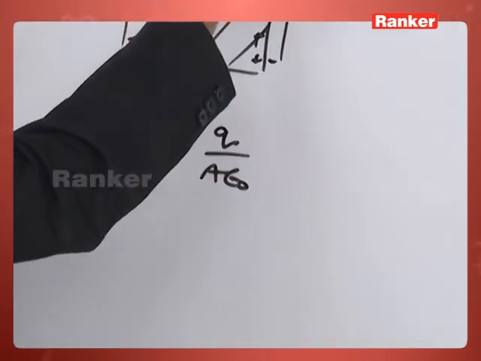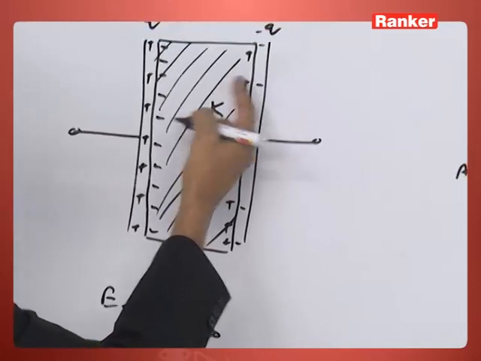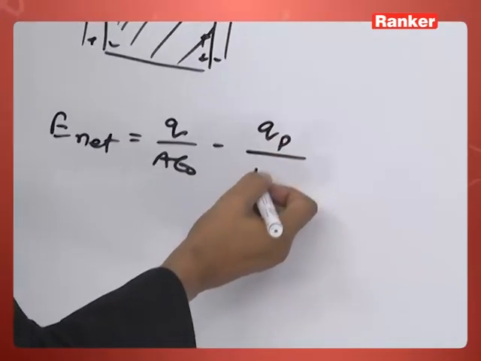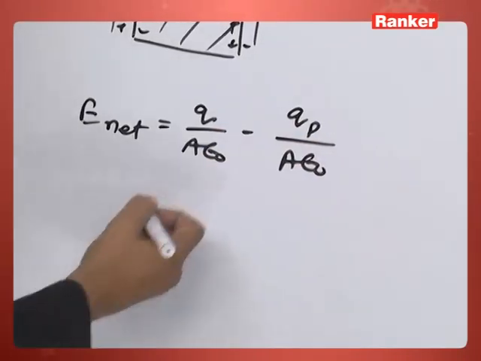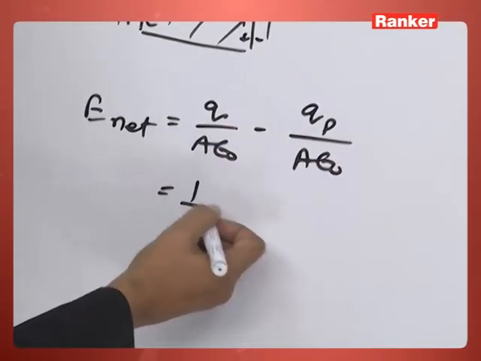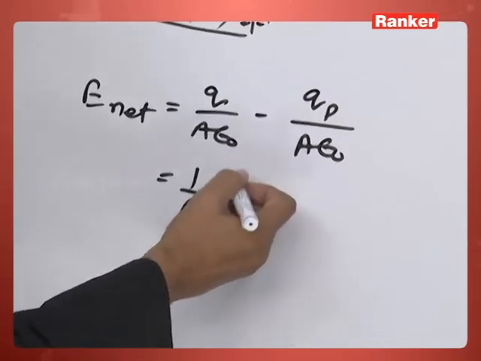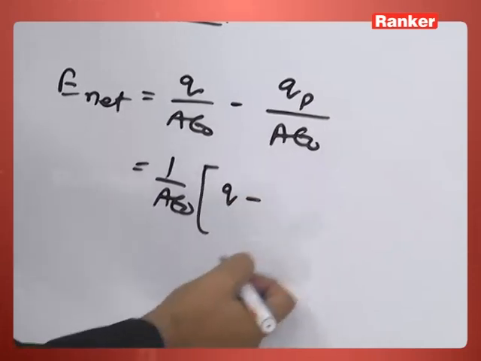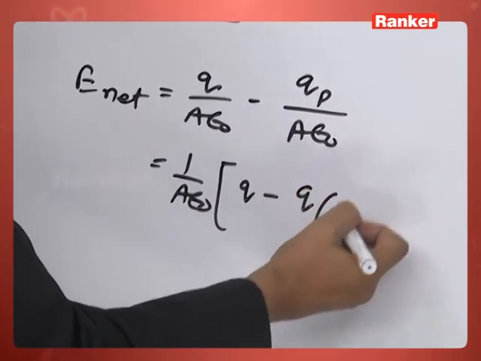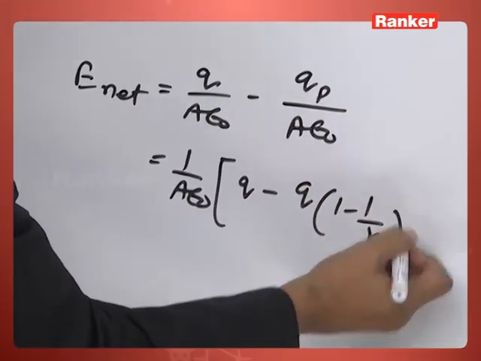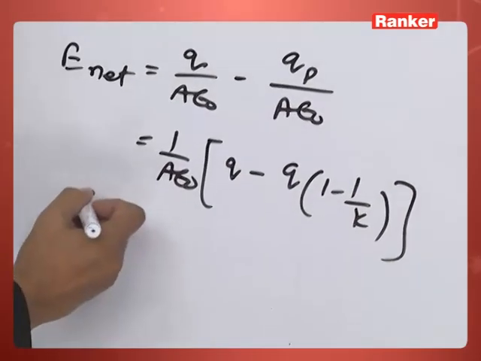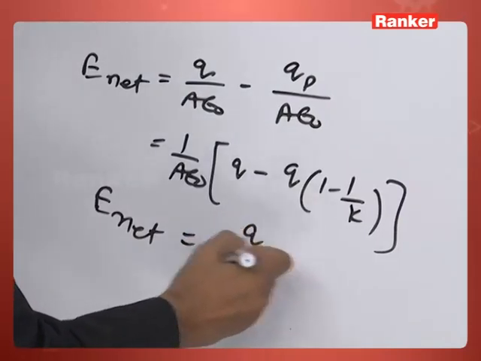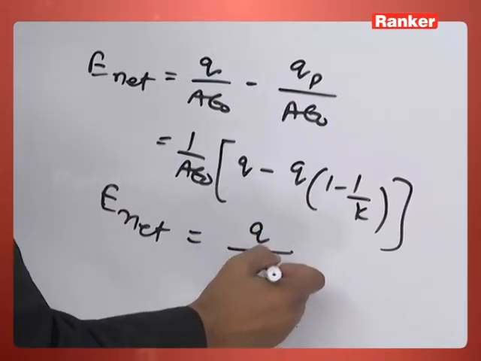But due to the polarized charge, the field direction is opposite, with magnitude polarized charge by A epsilon naught. We have already calculated the polarized charge, which is Q times (1 minus 1 by K). So finally E net is equal to Q by A epsilon naught K.